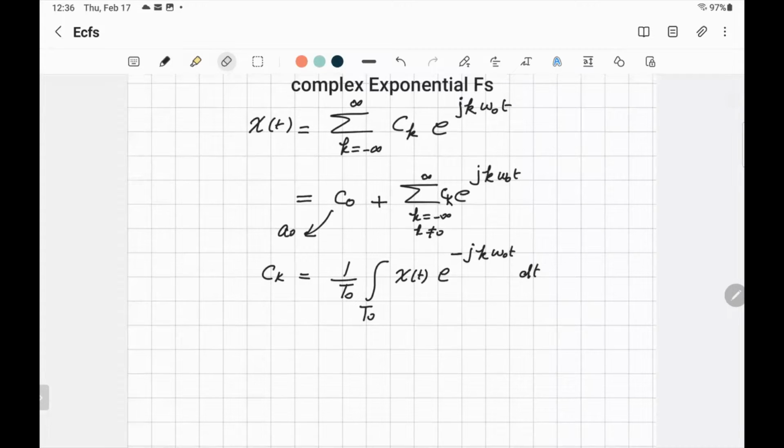And what else? Since you have k from negative infinity to infinity, in general, if you can find c_k for positive values of k, you don't have to find it for negative k because there is a relationship. c of negative k is the same as c of k but conjugated.